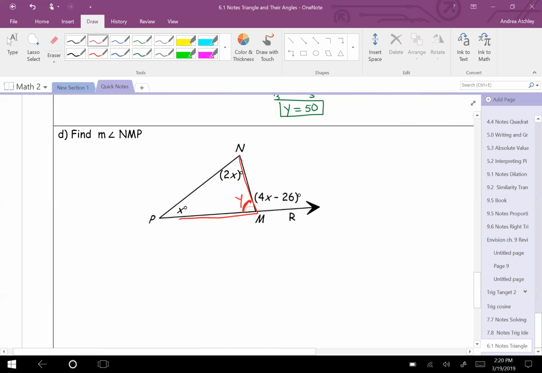So I can't use that because I'd have two variables and I don't know how to solve that with two variables. Okay. The easiest way is to find x and then I can find the y. So again, to find x, my exterior angle is equal to the sum of the two non-adjacent angles. So we're going to use our exterior angle theorem.